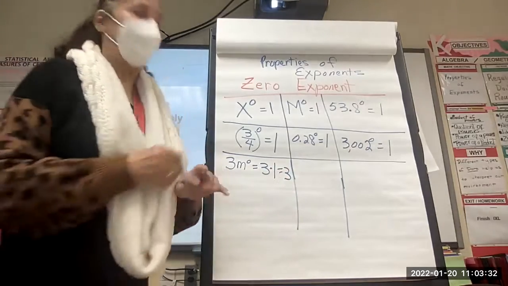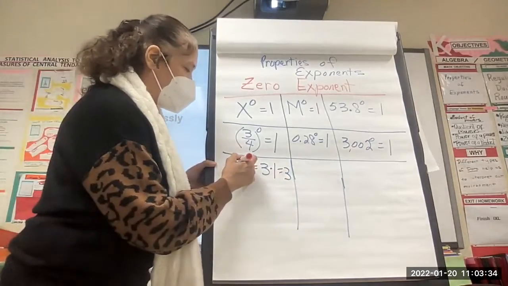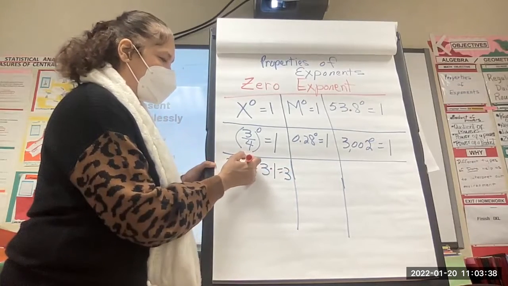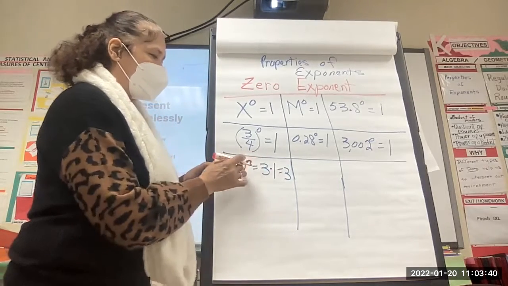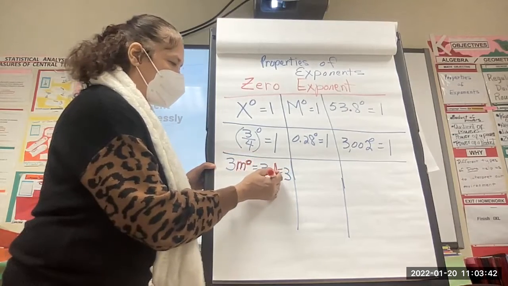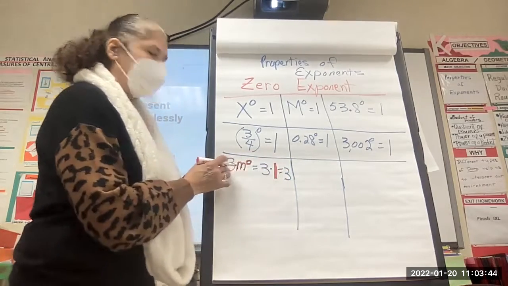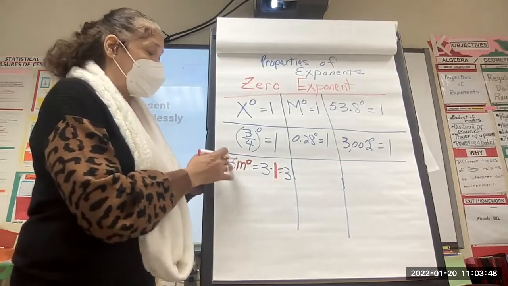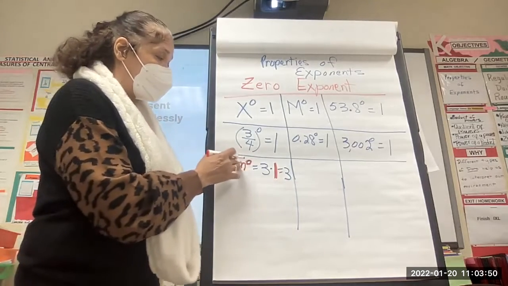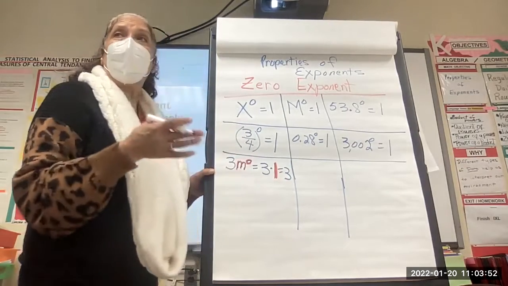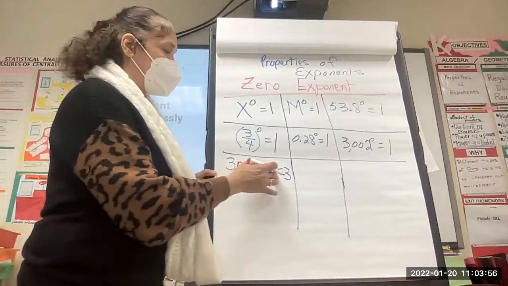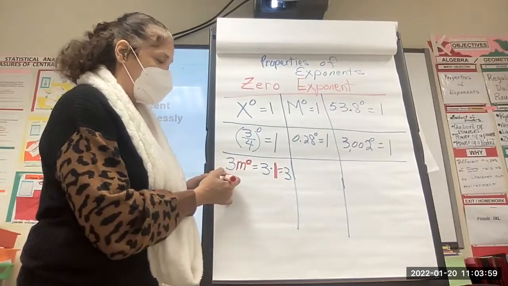The number that has the 0 power on it is the m. The 3 does not have a 0 power. So the m to the 0 gives me 1. But the 3 doesn't have that power, so the 3 is just 3. So this says 3 times the value of m to the 0. Since the value of m to the 0 is equal to 1, this is 3 times 1, which is 3.